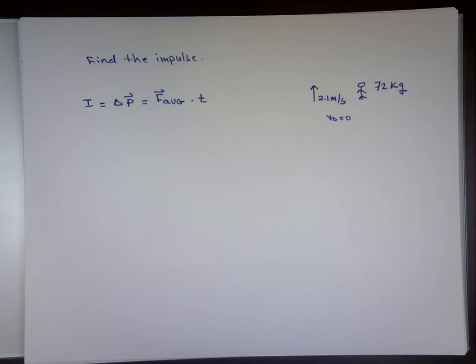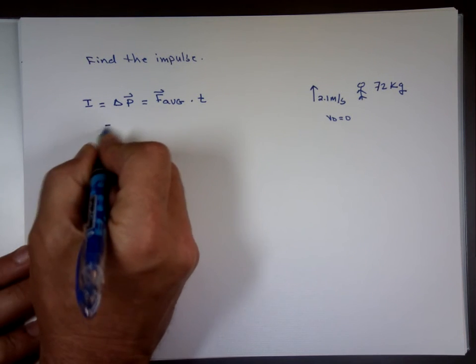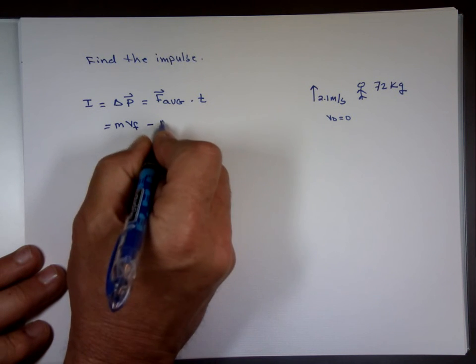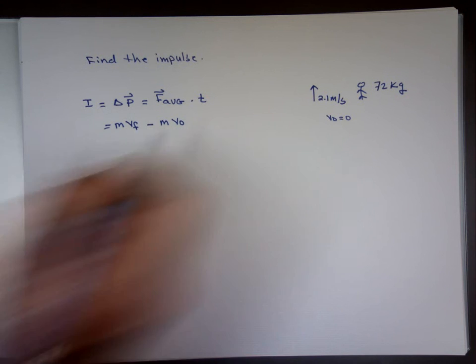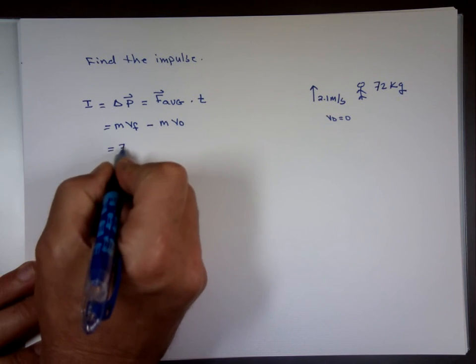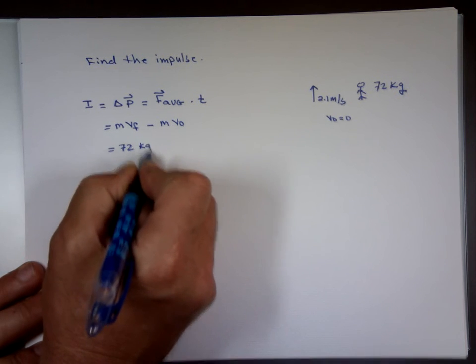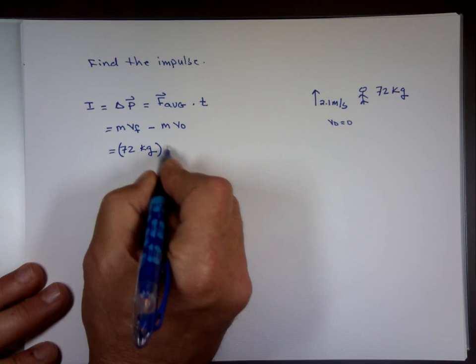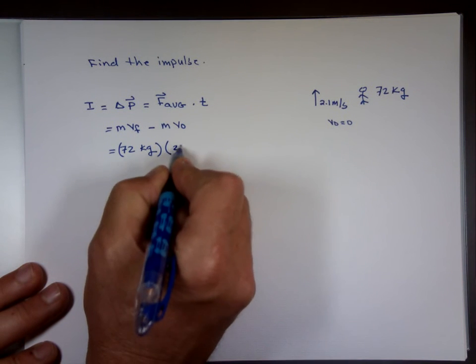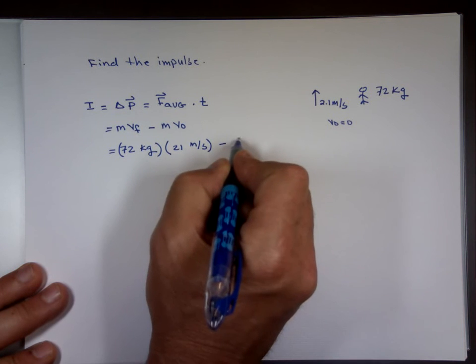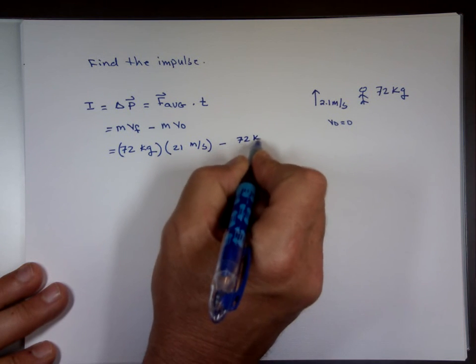My change in momentum is mass times V final minus mass times V initial. The mass of the person here is 72 kilograms, times the V final, which is 2.1 meters per second, minus 72 kilograms times the initial velocity, which is 0.